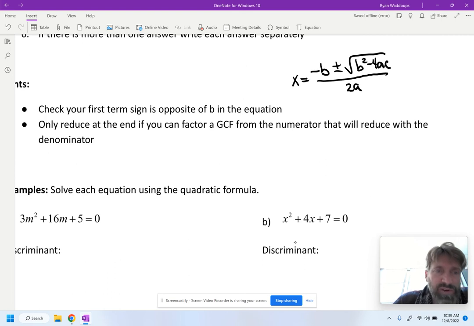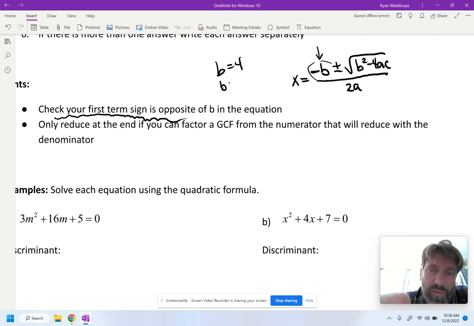What this is referring to is making sure that once you've substituted into the formula, you're putting the opposite of the value. So if b equals 4, you're going to put negative 4. If b equals negative 7, you're going to put positive 7, or you can put negative 7 and then change the sign afterwards, multiplying the signs.